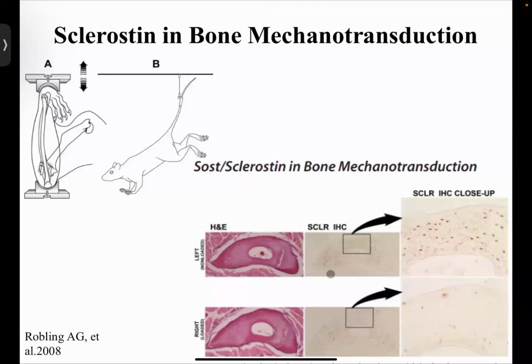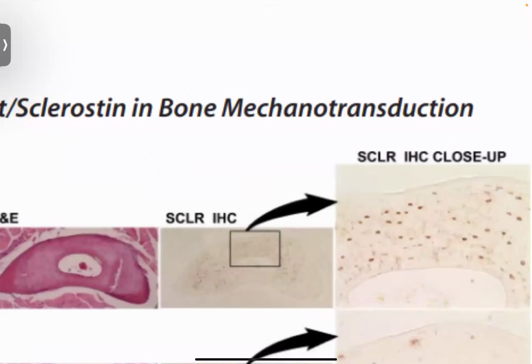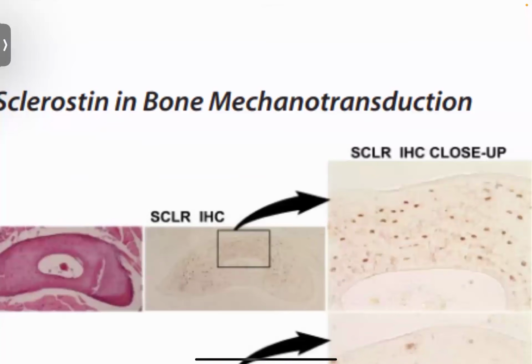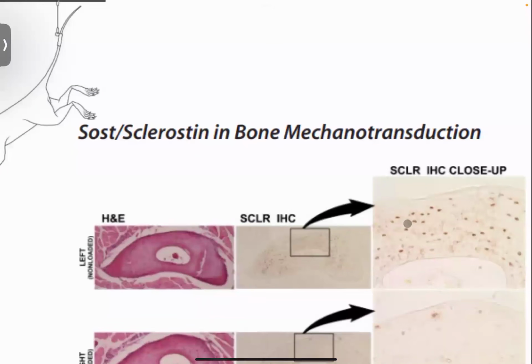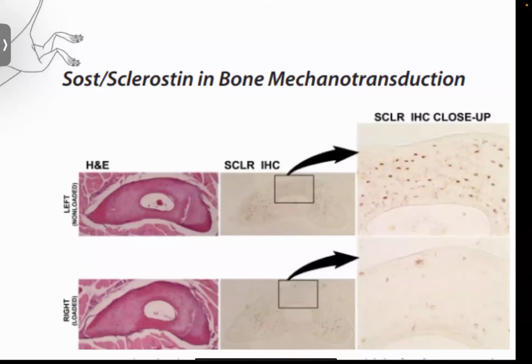But when they did the staining with immunohistochemistry, you can see the sclerostin level has increased in the non-loaded bone. So in non-loaded bone there is increased sclerostin uptake, and in loaded bone there is hardly any sclerostin. And we know that sclerostin helps in bone resorption and osteoporosis.